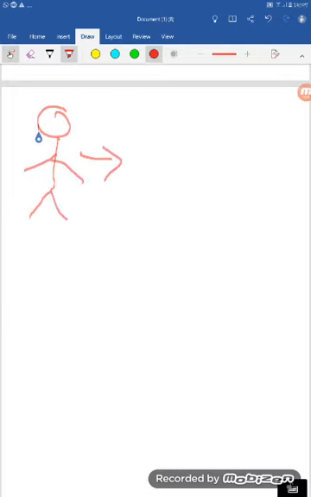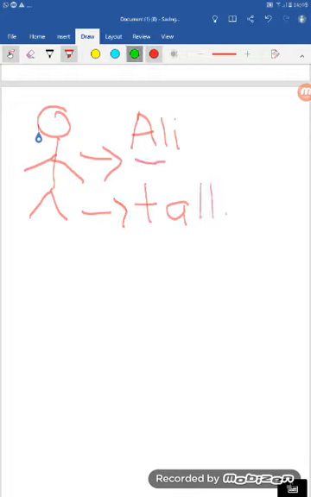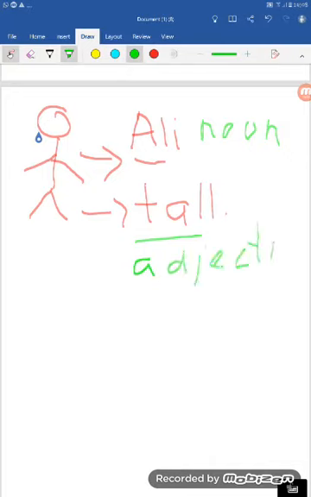And let's name it Ali. Okay. So Ali is a noun here. And let's say he is tall. So Ali is actually noun and tall is adjective for Ali.